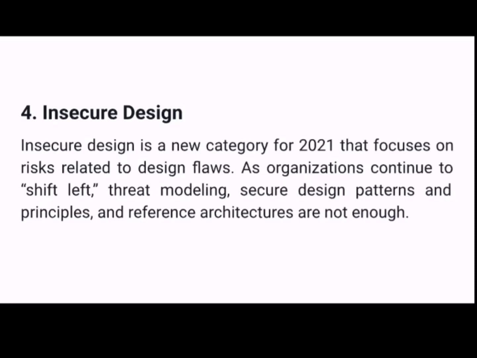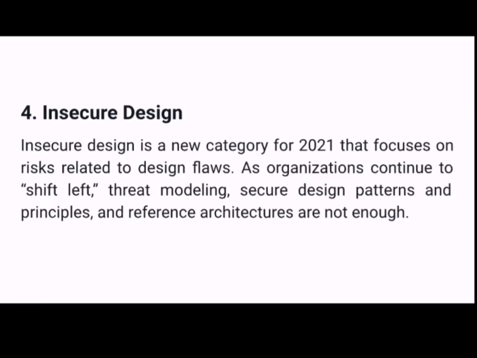Use threat modeling for designing critical features like access controls, authentication, business logic, key flows, etc. Another one is include security language and controls in all user stories. Next is based on the exposure and protection needs, divide apps into different tiers and define use and misuse cases for each tier. And last is each level of the app should include plausibility tests. So these are the methods to mitigate insecure design attacks.